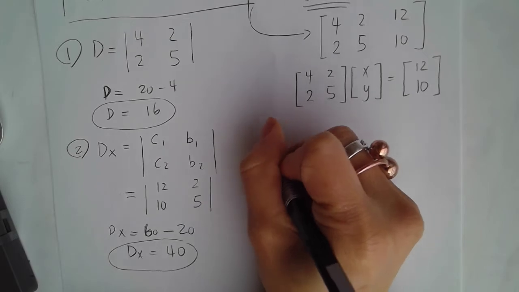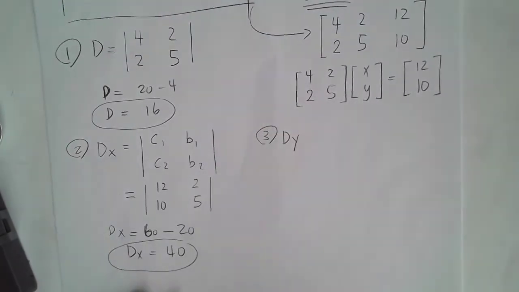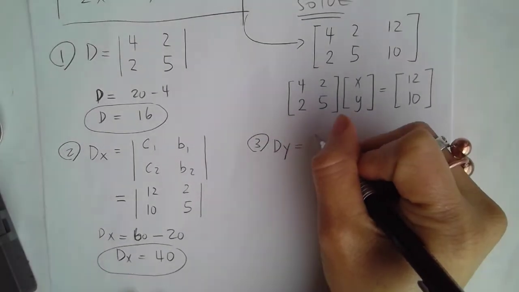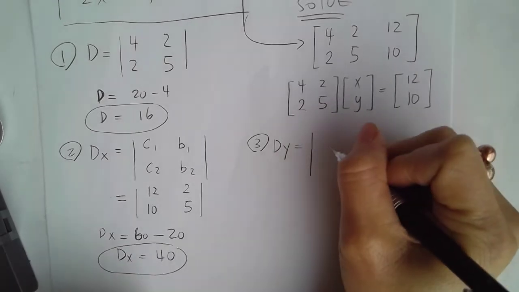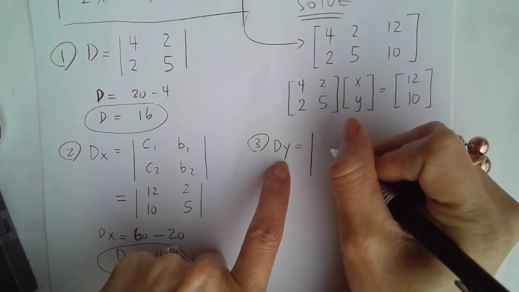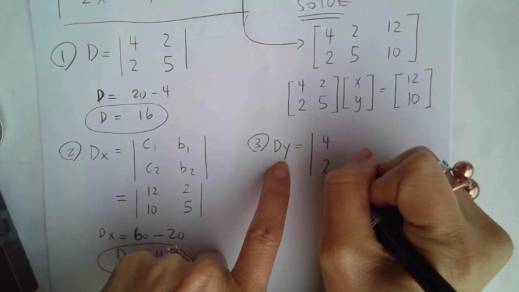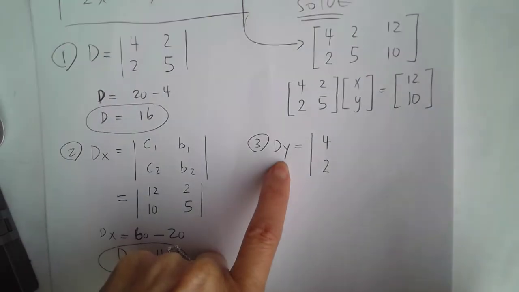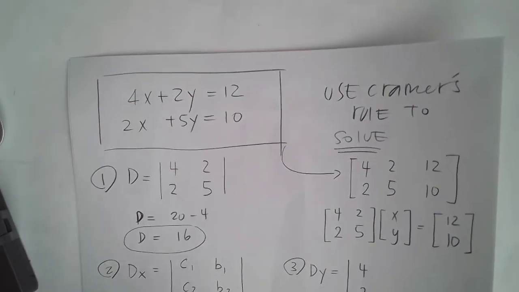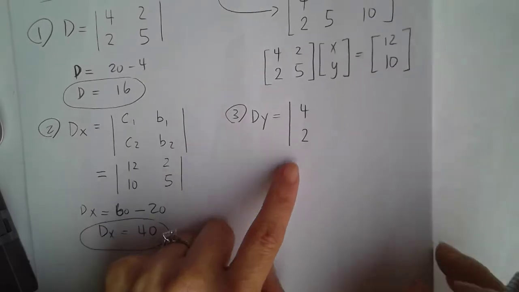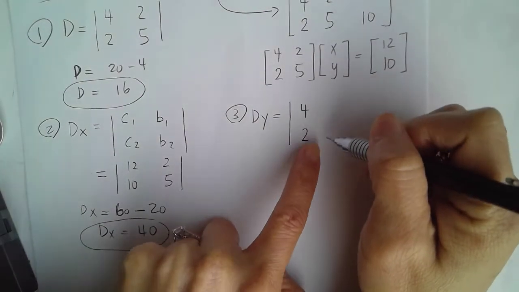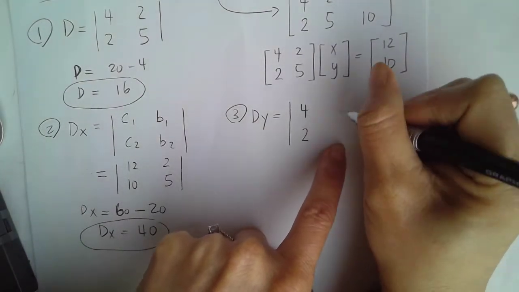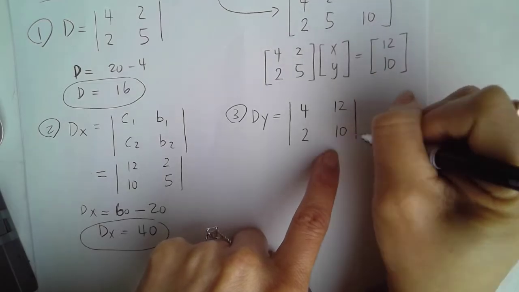Third step, what do you think we calculate next? D sub y. Smarty pants. So again, determinant. But remember, we're solving for y, so we want to leave the x values alone. The coefficients that are in front of the x, we're going to leave alone. And the second column, which should be the y, gets replaced by the constant.